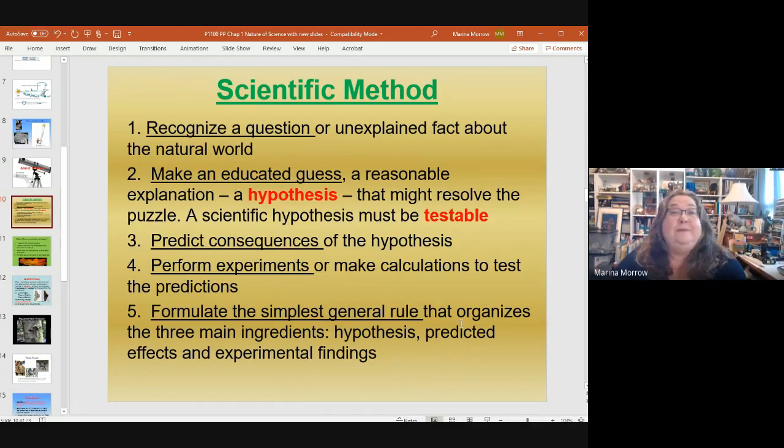Okay, so anyway, people did figure out why the sky is blue. But it turned out to be more than the idea that oxygen atoms were blue. And so the idea is in the end, you take your original hypothesis and the effects that you found, the experimental findings, and you try to figure out if those can be put together into one general rule.